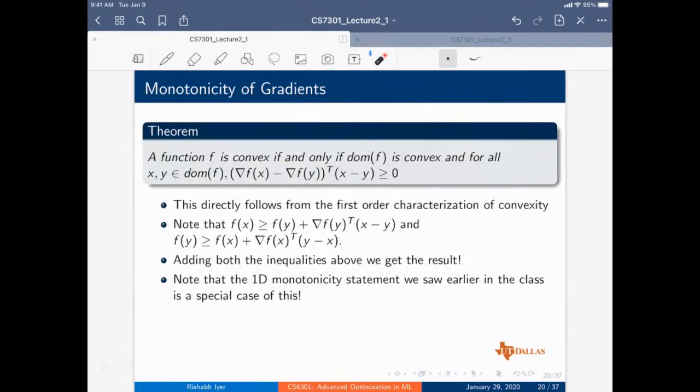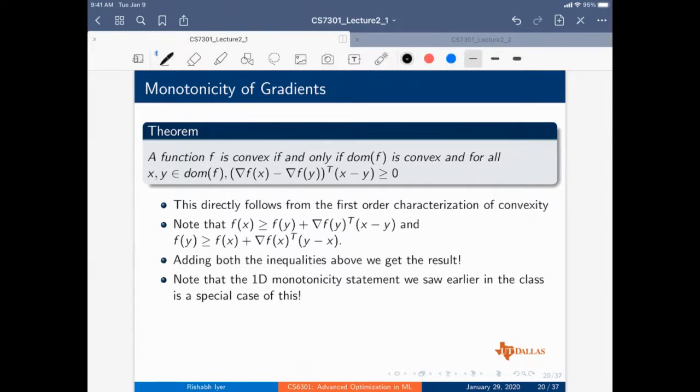Another interesting relationship is the so-called monotonicity of the gradients, which is analogous to the one-dimensional case.